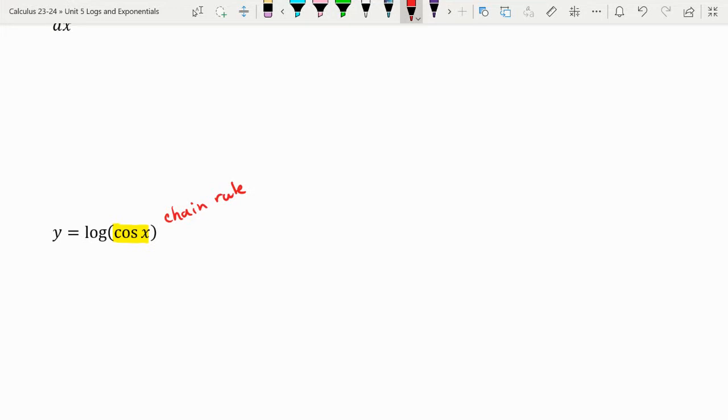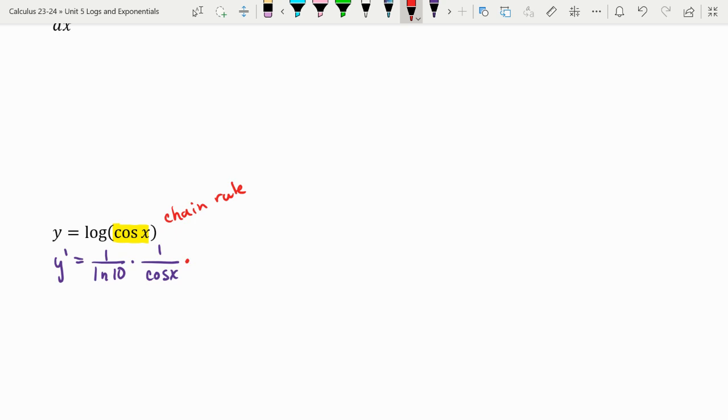So y prime is going to equal, this is log base 10 if the base isn't written. So I have 1 over ln of 10. And then I'm going to take the derivative. Derivative of a log is always 1 over. So I've got 1 over cosine of x. And then I need to multiply for the chain rule by the derivative of the inner function.